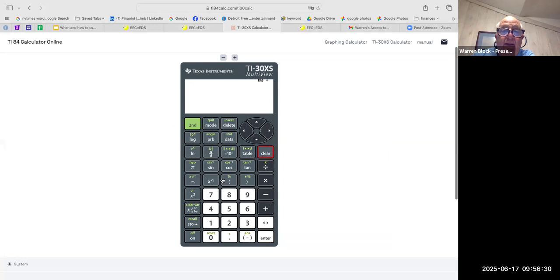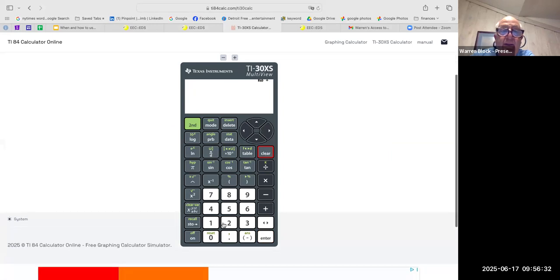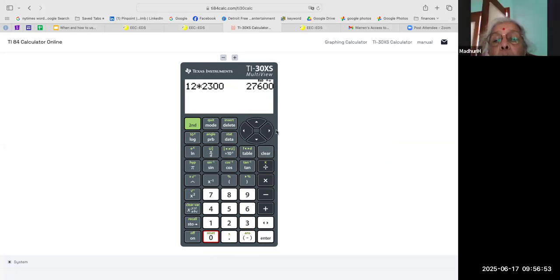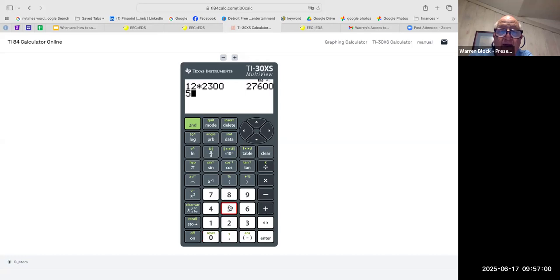So 12 times 2,300, and we want 5% of that. So we'll go, multiplied by 5%. Divided by 5.